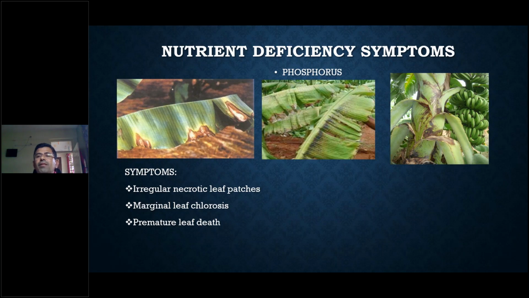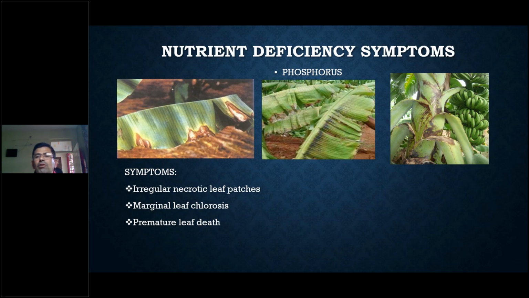And the third photograph is at the time of yield. Suddenly many farmers used to call us, sir, something wrong with the plant. All the leaves are bent from the starting of the petiole point, from the stem. If we are not giving proper phosphorus in the initial stage, these things will happen.